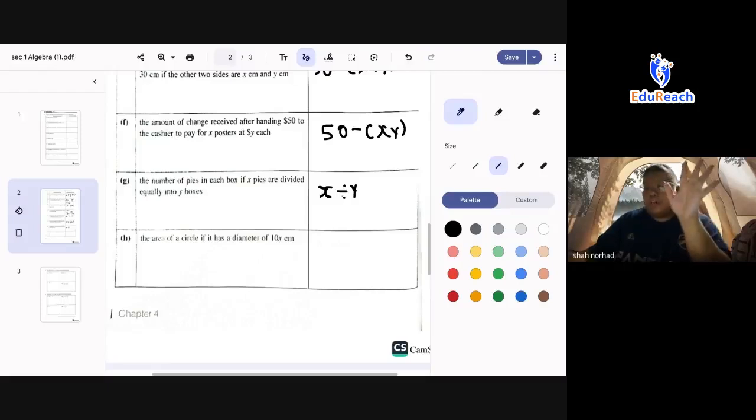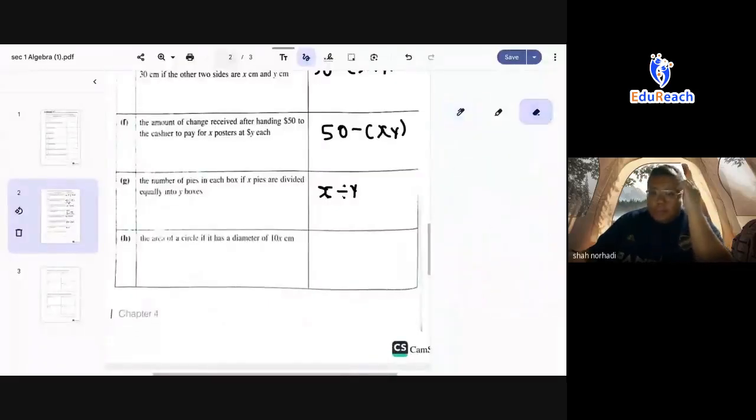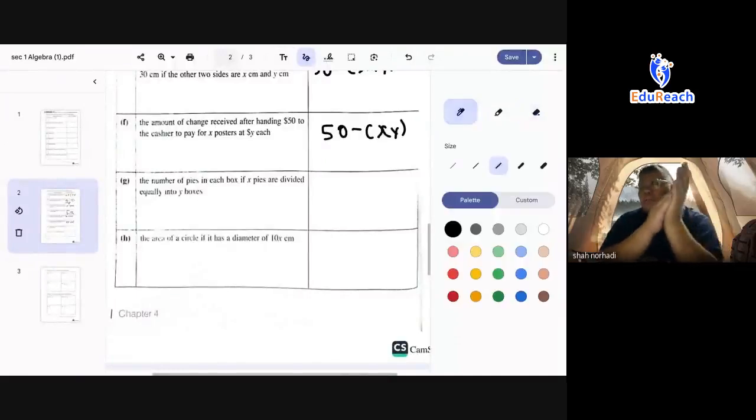No, right? I believe it shouldn't be. You should do what? X over Y. Because in algebra, when you show a division, you must show it in fraction form. Yes, correct.